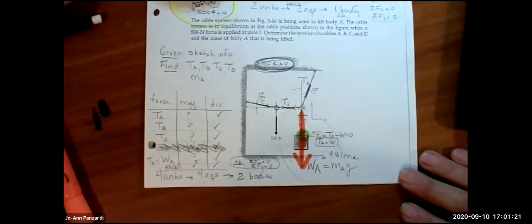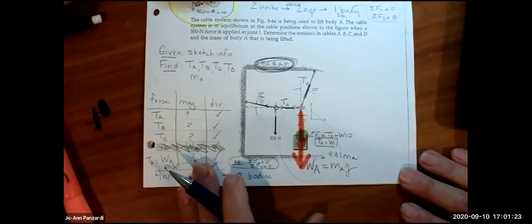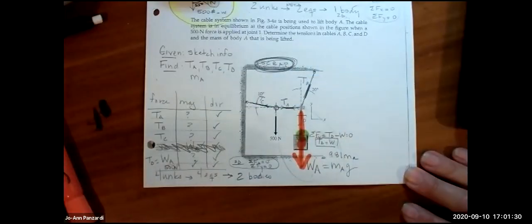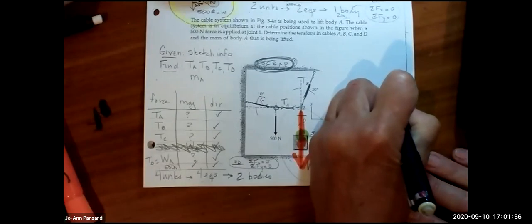Okay, so Myra, is Myra here? I'm here. Okay, we need 2 free body diagrams. What do you want to draw a free body diagram of? Point 2. Good, point 2. And then what else? Is it point 1? Yeah.